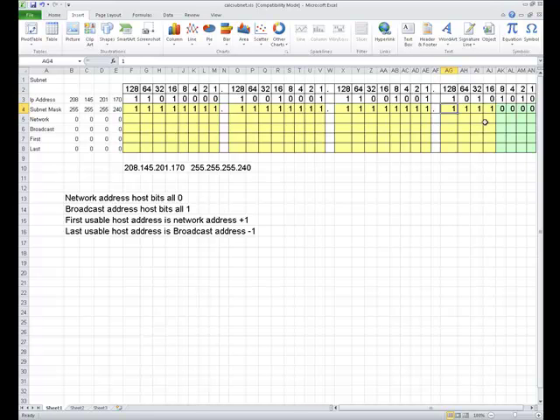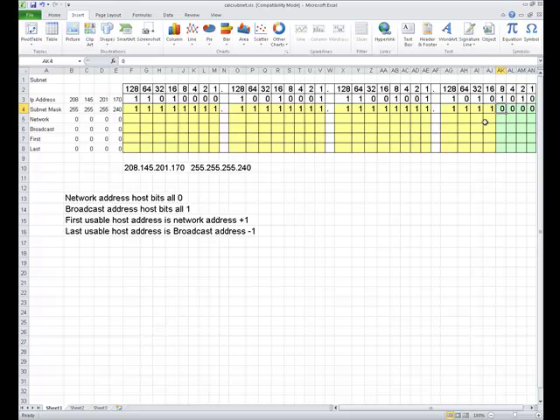I have subnetted this thing by breaking it down into more networks, fewer hosts per network. I have 4 bits available for subnet ID and 4 bits available for hosts.